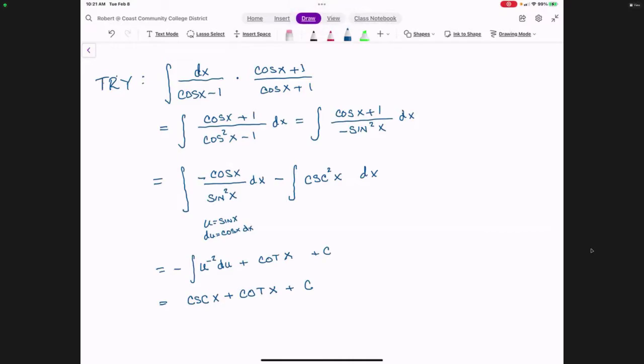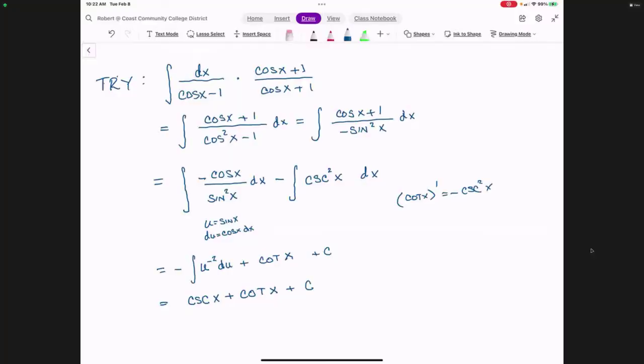Okay, now let's do something here. Professor, I have a question. Yeah. How does cotangent x stay cotangent x at the end? Well, isn't the derivative of cotangent negative cosecant squared x?